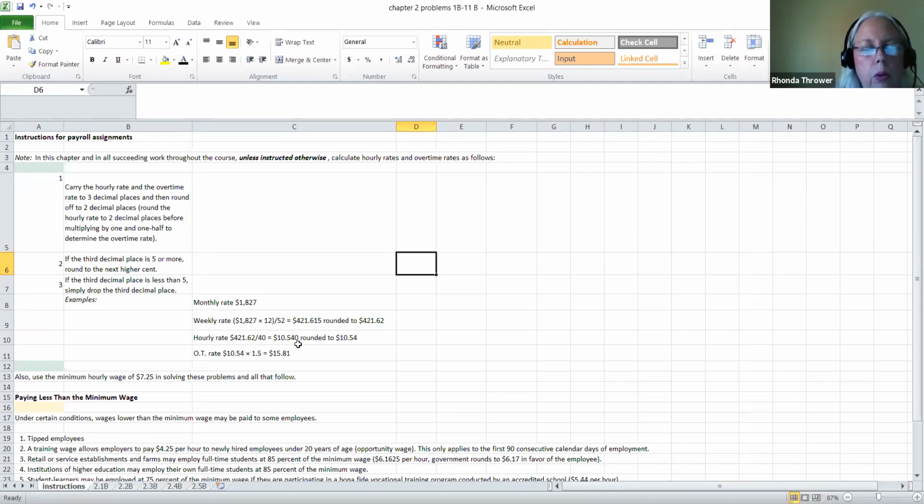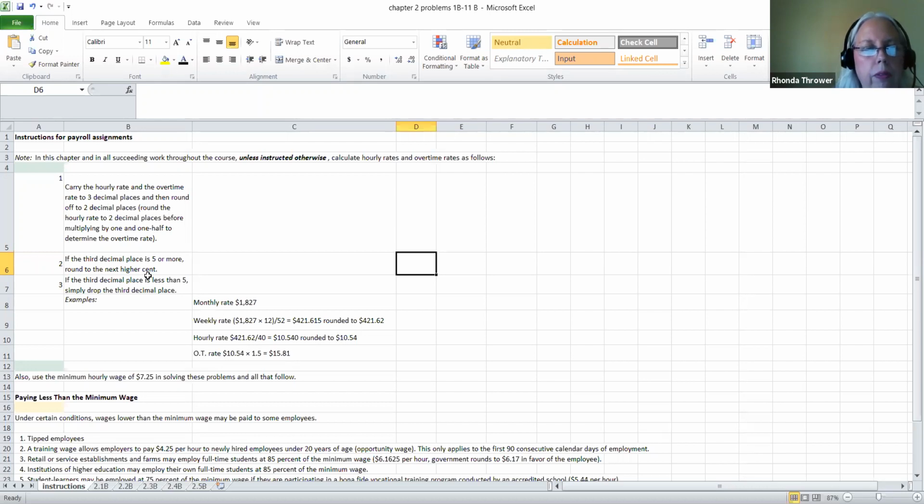Since the 0 is less than 5, you're just going to make this $10.54. That's how they round. Then we'll take the hourly rounded amount, $10.54, and multiply it by 1.5, and that will give you the overtime rate.